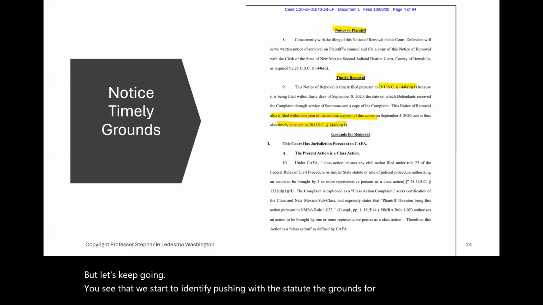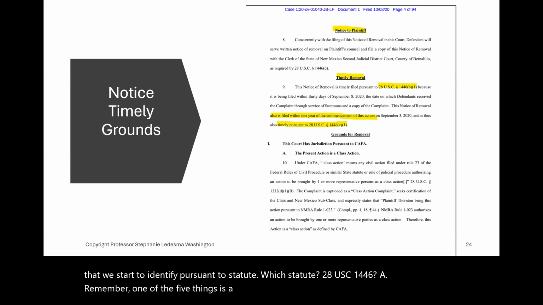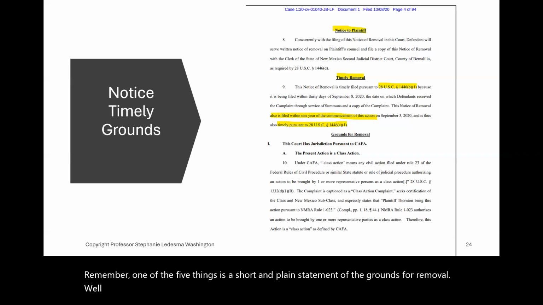You see that we start to identify, pursuant to statute, the grounds for removal. Which statute? 28 U.S.C. 1446(a). Remember, one of the five things is a short and plain statement of the grounds for removal. Well, see this notice? Grounds for removal. The court has jurisdiction pursuant to CAFA. And what is CAFA?